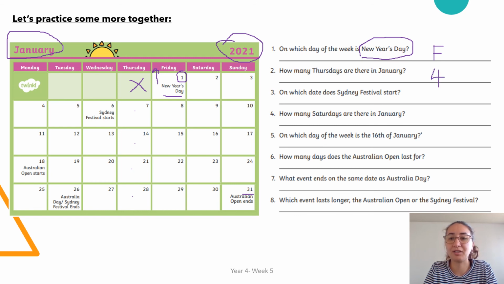The next question: on which date does Sydney Festival start? Again, we look at the words. So here we find, okay, Sydney Festival starts. We can see it's on the date of the 6th.